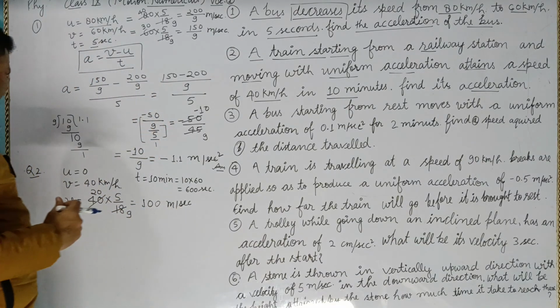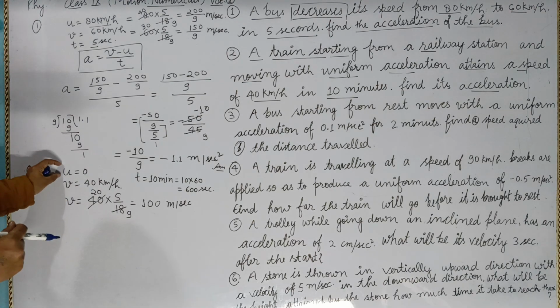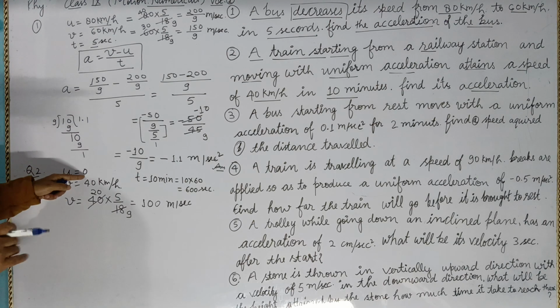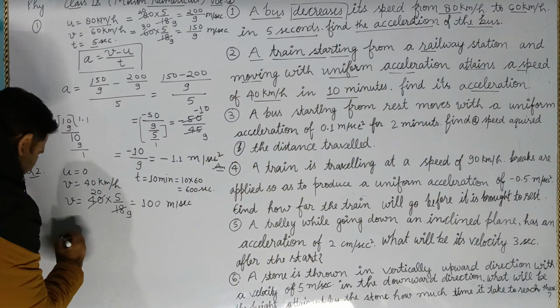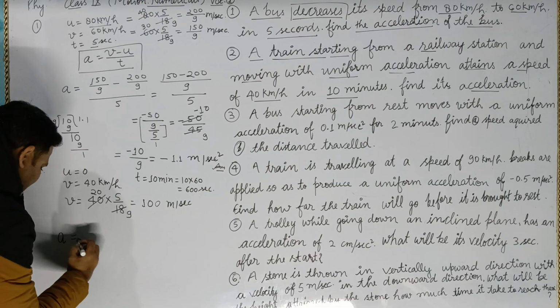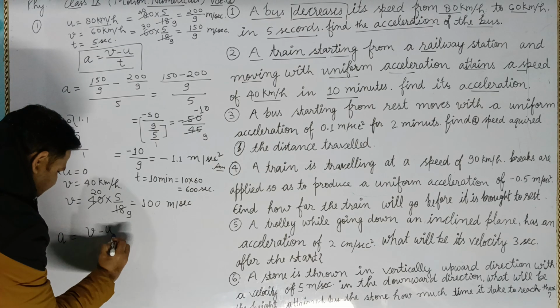The initial speed of the train is 0, and we simply put the values in the formula a equal to (v minus u) upon t.